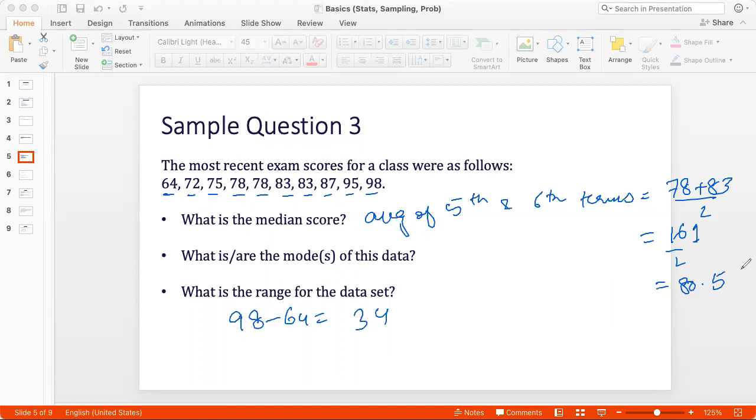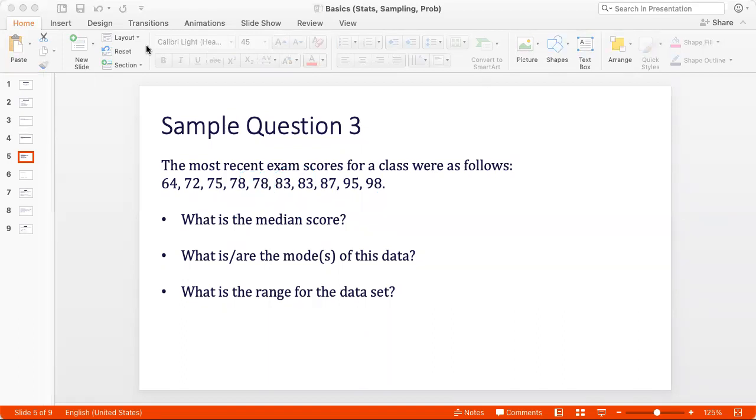So the median is 80.5. And the modes, so 64, 72, okay, 78 occurs twice, 83 occurs twice, and all others occur once. So there are two modes, 78 and 83, because they occur twice. Okay, so that was this.